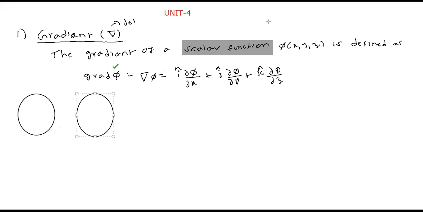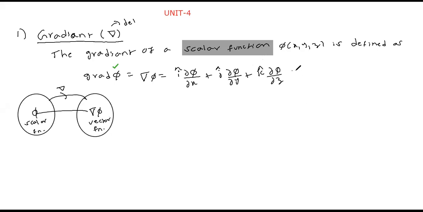Phi is mapped to del phi: this is a scalar function as well as this vector function.